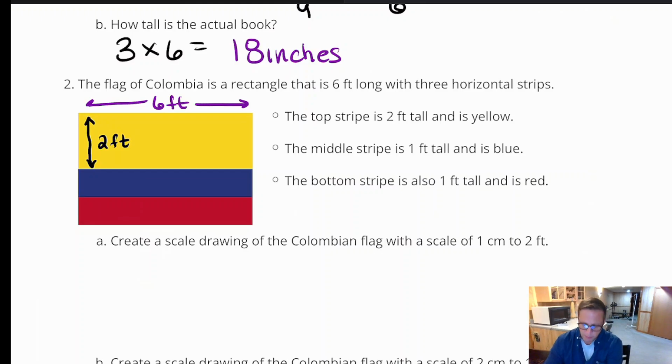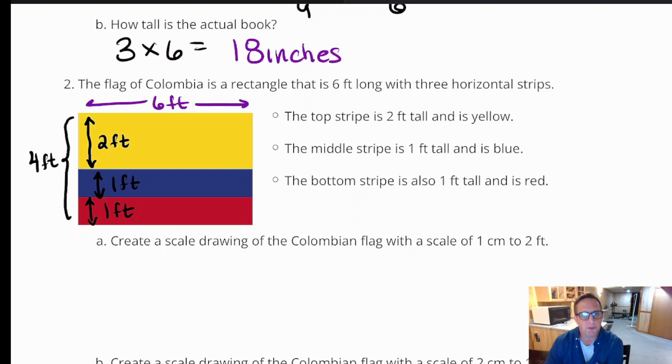The middle stripe and the red stripe are both 1 foot tall. So if we do some basic adding, that's 4 feet. The typical dimensions are 6 by 4, like a 3:2 ratio. That usually happens with flags. Typically, they're not all that way, but a lot of them are.